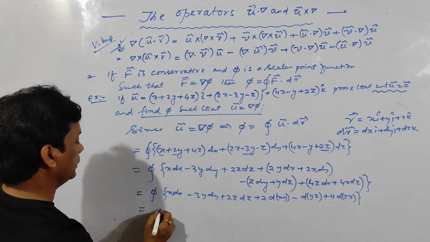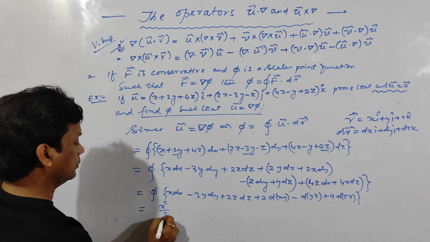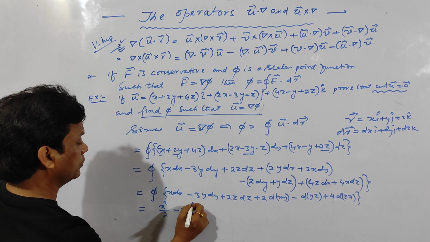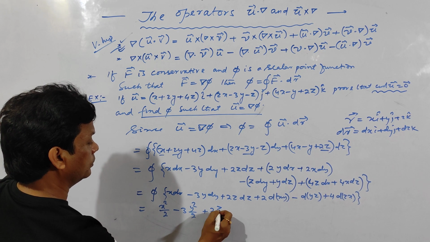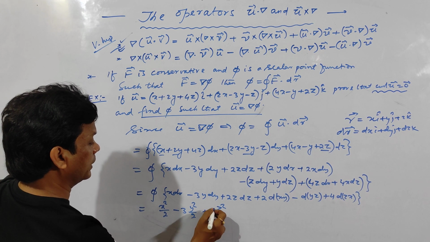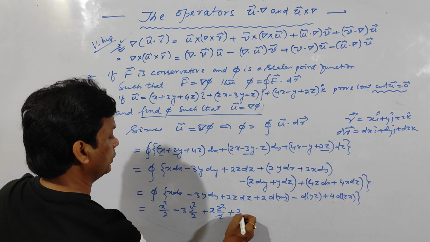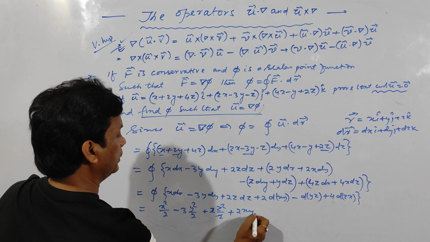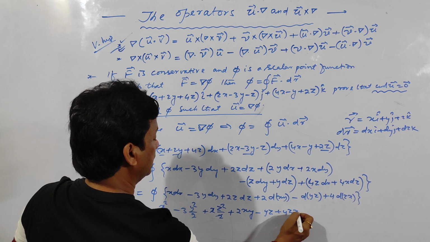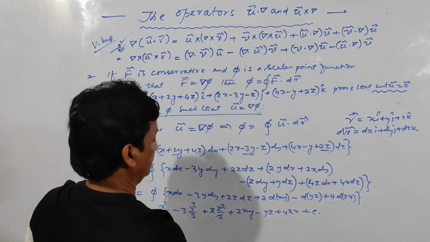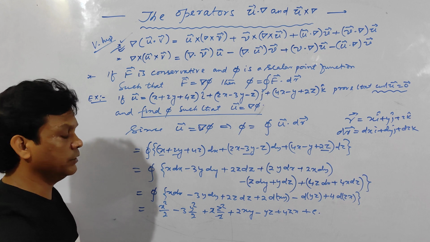Now this will become x square by 2 minus 3 y square by 2 plus 2 z square by 2, plus 2 into xy minus yz plus 4 into zx plus another constant c. Clear? So this is your answer.